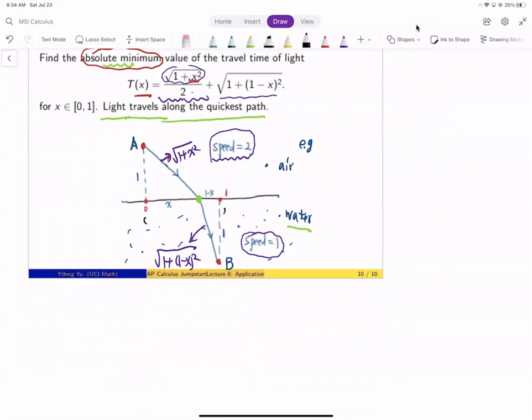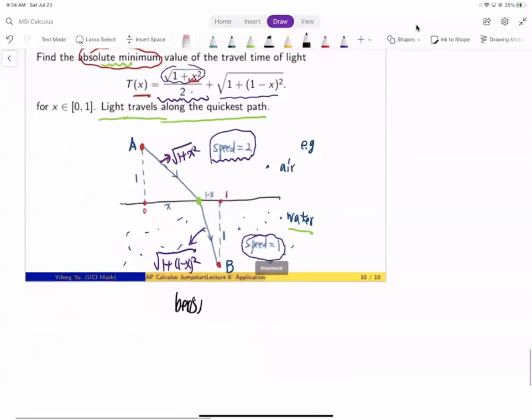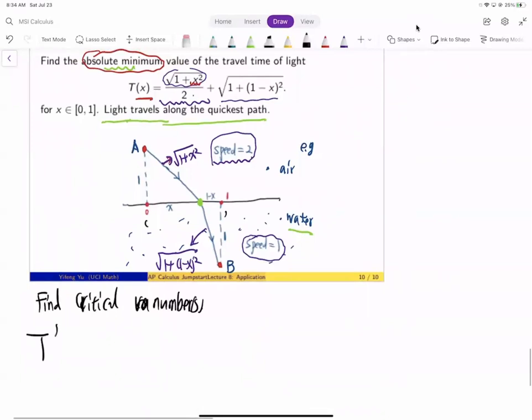Okay, let's see what we have. If I choose step 1, we just find critical points, critical values, critical numbers, if there's more than one. All right, so then all we need to do is take a derivative, right? So, okay, let's take the derivative.